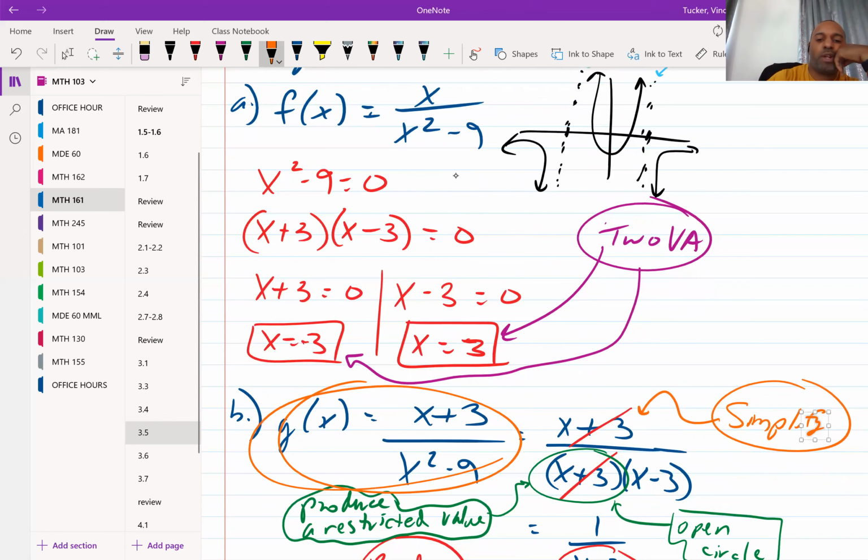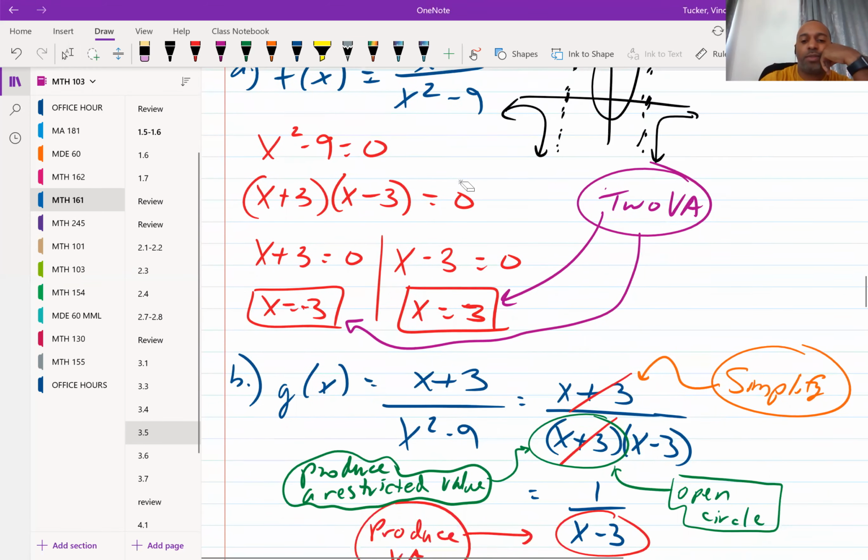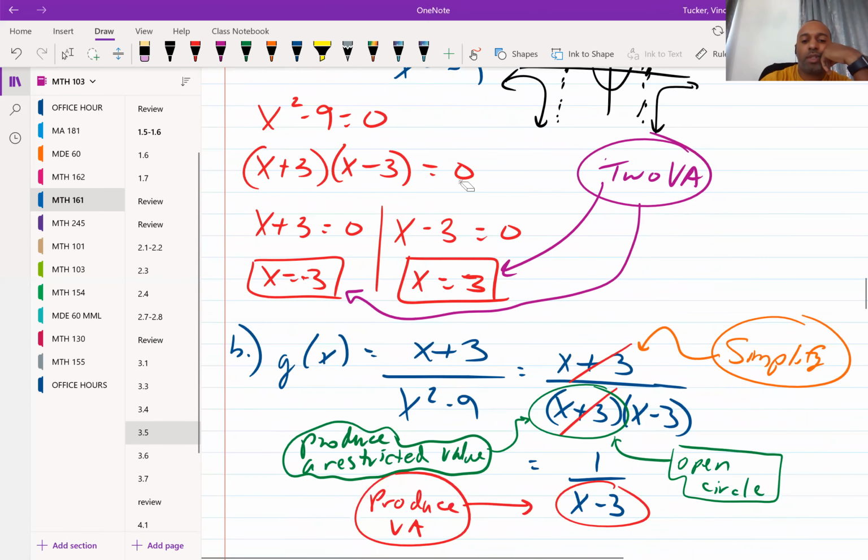That's the original problem right here. I factored out the denominator, and we notice the x plus 3 can cancel. I'm going to try to be color coded on what happens next. The x plus 3 cancels, and that leaves us with 1 over x minus 3. So what's left, the x minus 3, will produce a vertical asymptote.